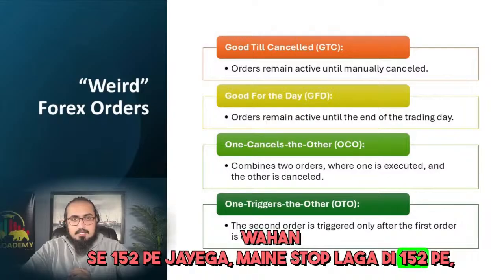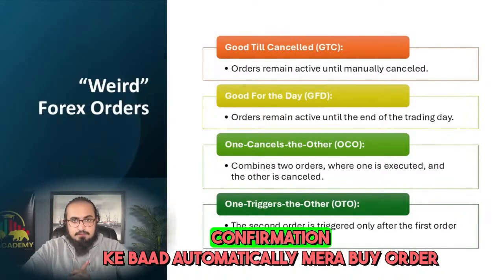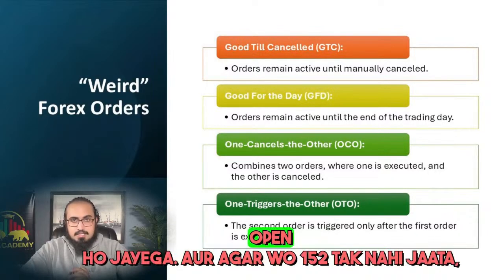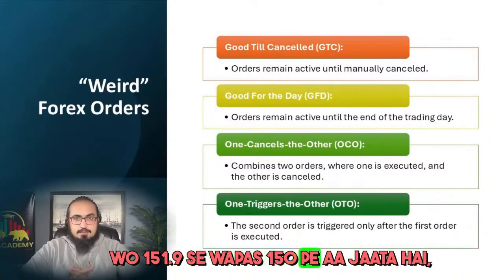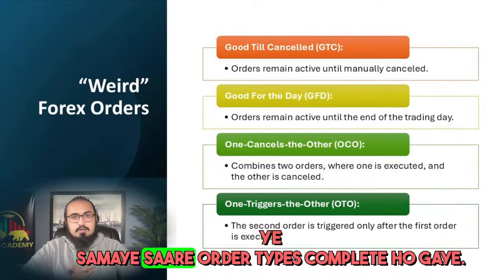But what is a trailing stop? For example, you have set up 10 pips. When does the trailing stop activate? When the price moves in your intended direction, whether a buy or a sell. When the price reaches 10 pips profit, your trailing stop will activate.